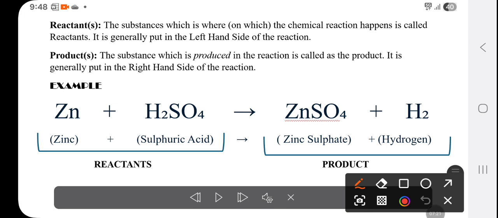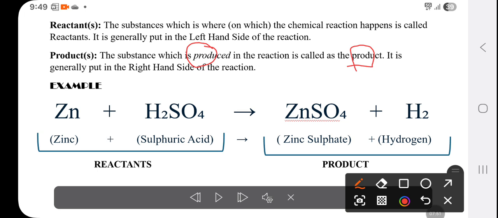Now, the substance which is produced is the product. Also, if we see, the "prod" of "produced" and the "prod" of "product" are the same. So from here we can remember that the product is the substance which is produced in the reaction.